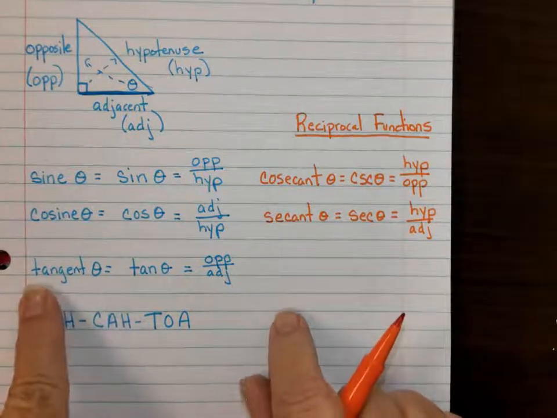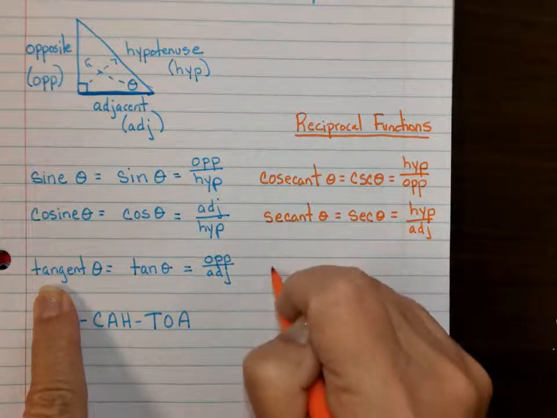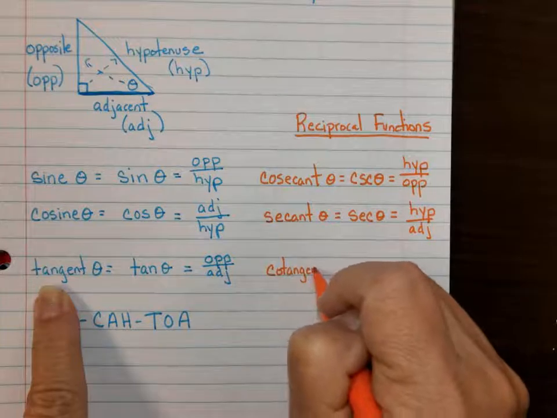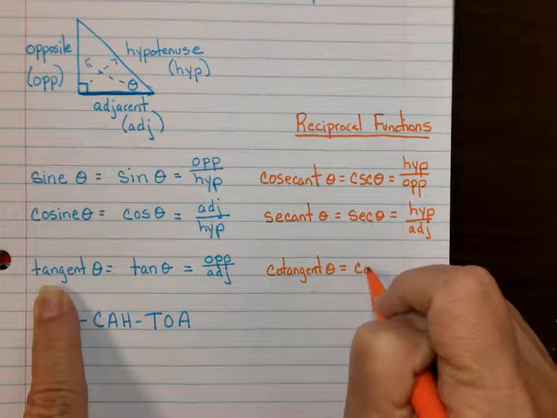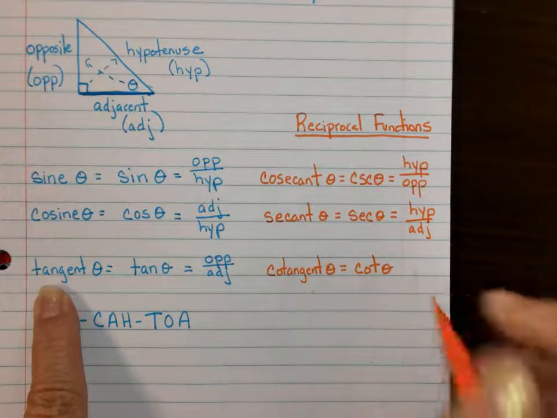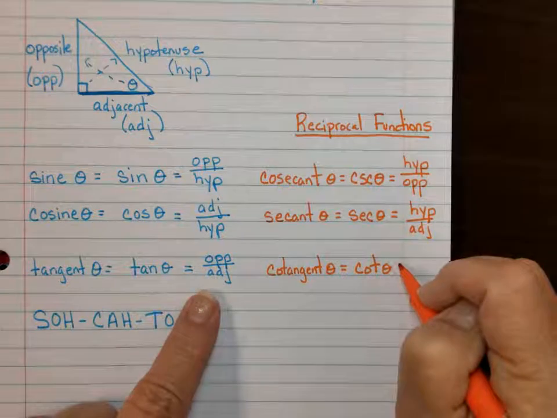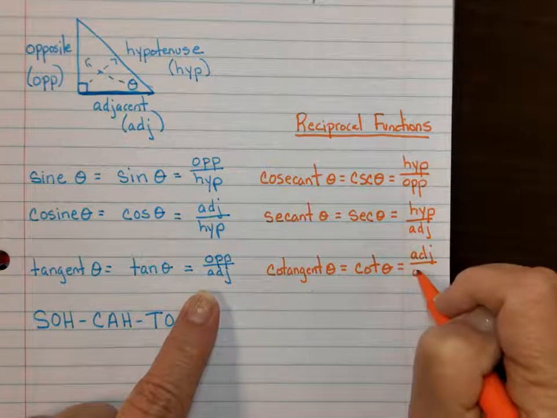And then finally we have the reciprocal function for tangent is named cotangent. Cotangent of theta is abbreviated COT, cotangent theta, and that is equal to adjacent over opposite.